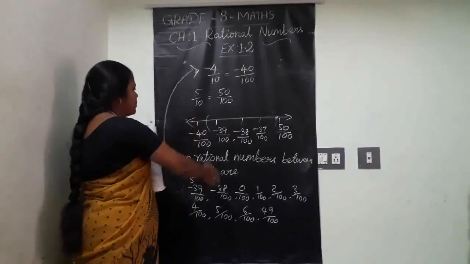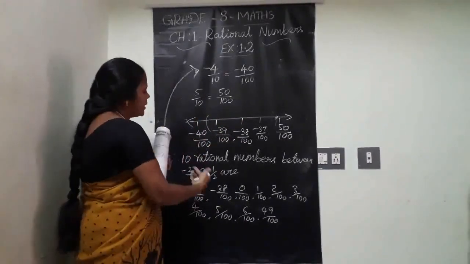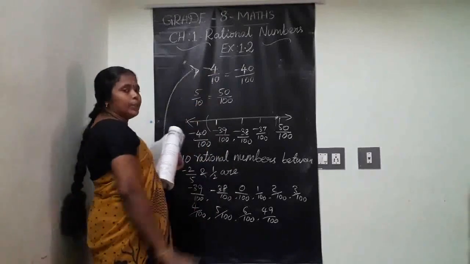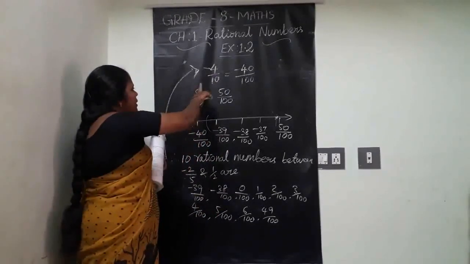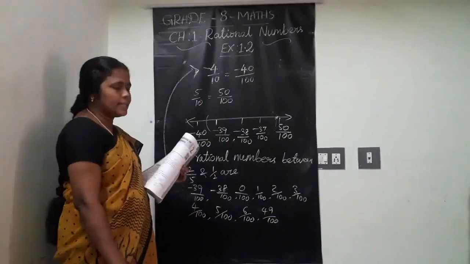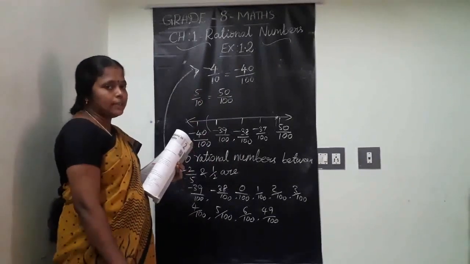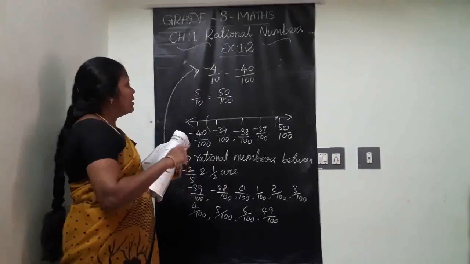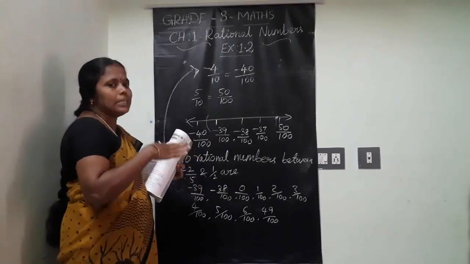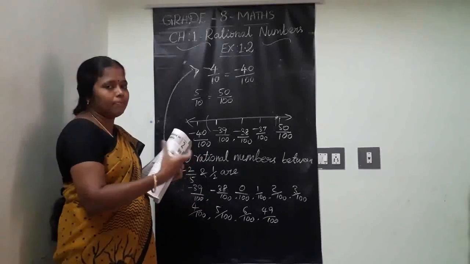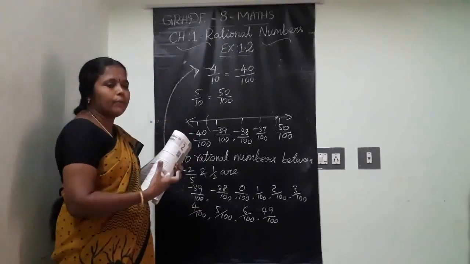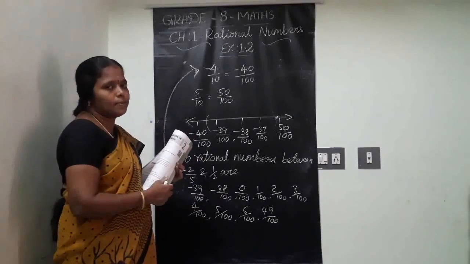Okay. This is the procedure for finding any 10 rational numbers between the given two rationals. Clear, children? What I did, first I changed the unlike fractions as like fractions by doing LCM. After that, I made the numbers a little bit bigger level, because within that position we can't pick up what they asked. The 10 rational numbers is not possible.